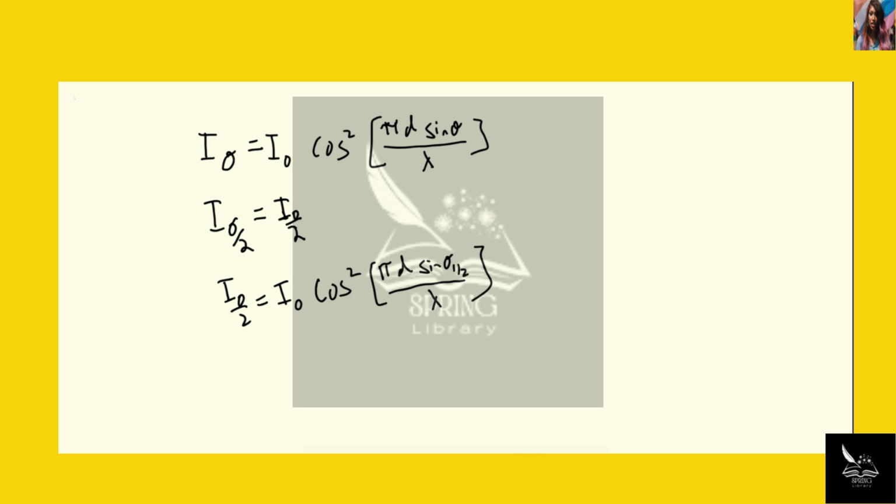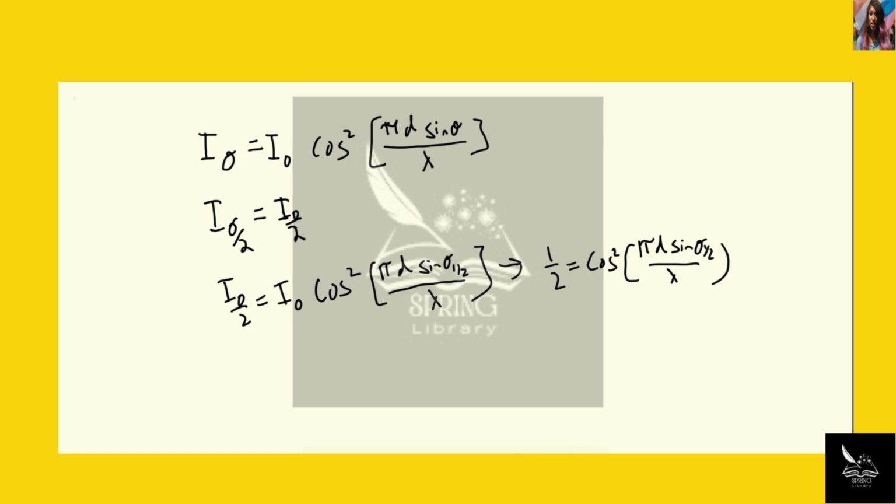So of course we could divide by I naught and we get 1/2 has to equal the cos squared of pi d sine theta 1/2 over lambda.